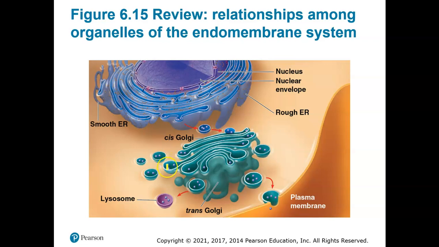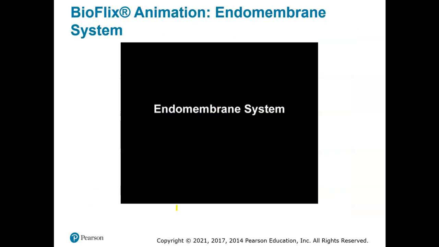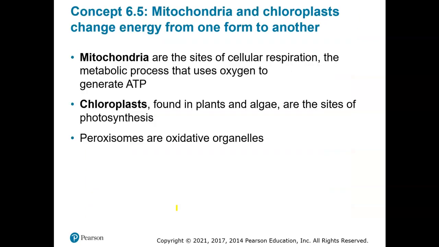And then they will be packaged into more transport vesicles. And they can be sent outside the cell through exocytosis by fusing with the plasma membrane, or they can stay inside the cell. For example, if those vesicles have digestive enzymes, then they are actually called a lysosome, and it will stay inside the cell. There's an animation on the endomembrane system also in section 6.4.